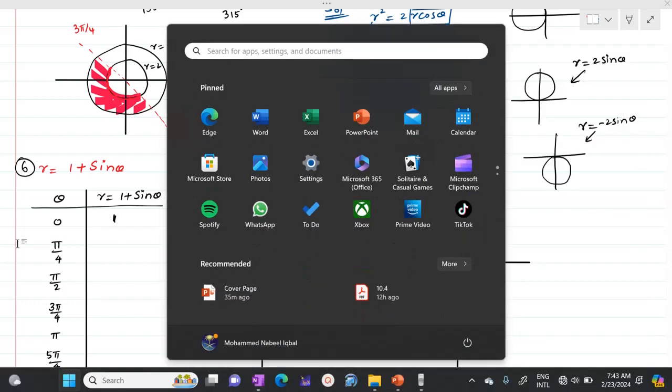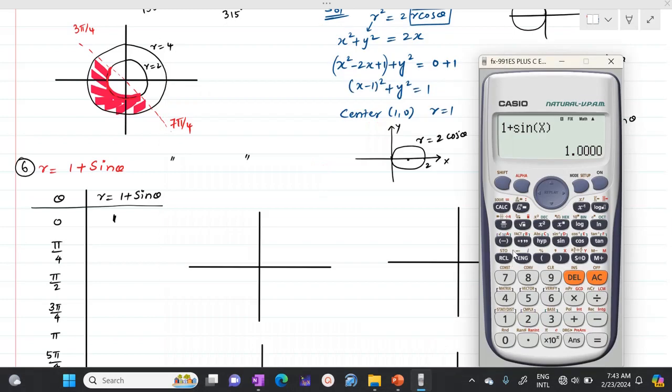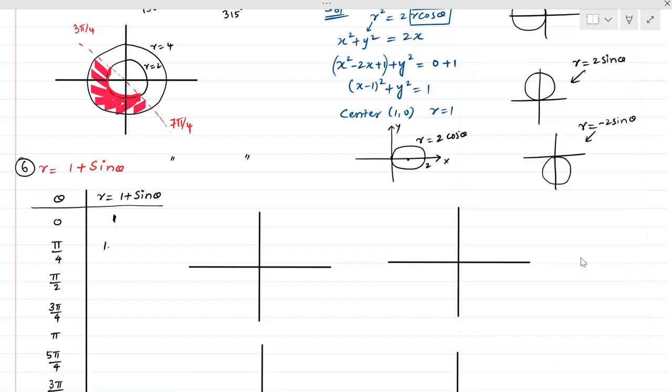Now next one, the same thing. Calculate for pi over 4, and the answer will be 1.7071.